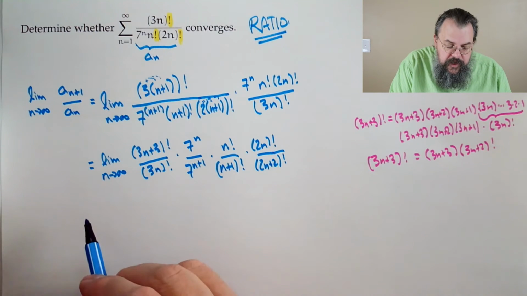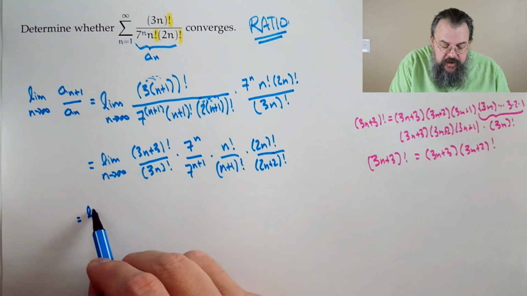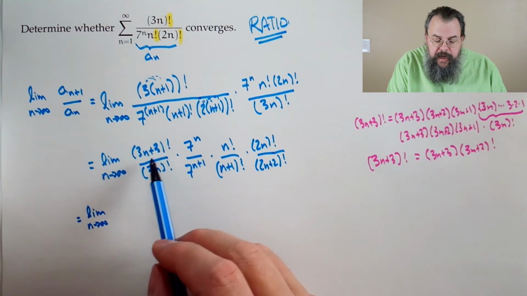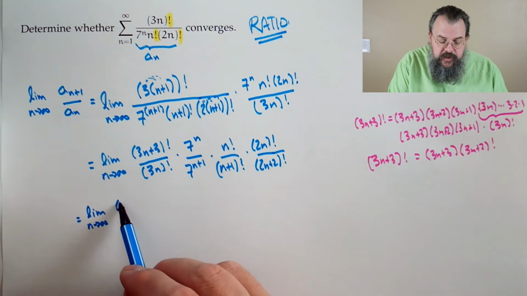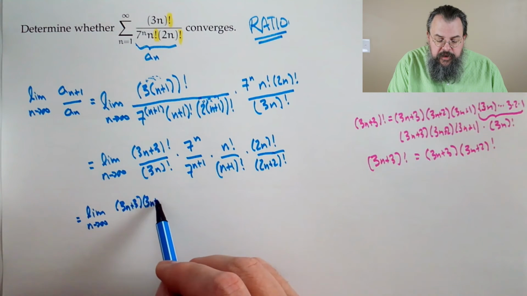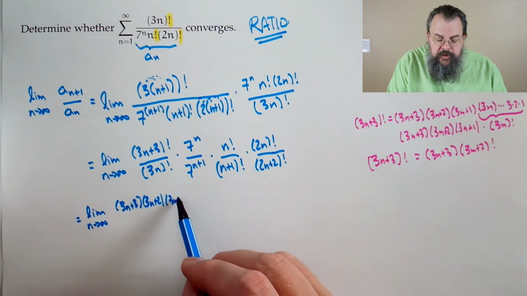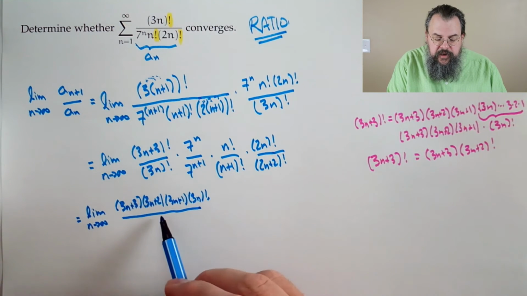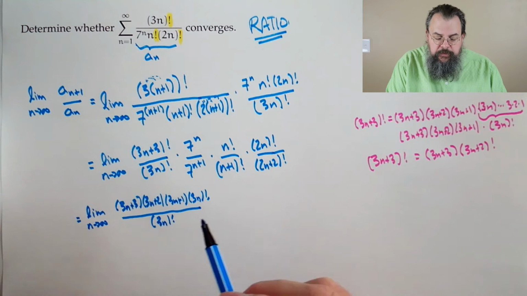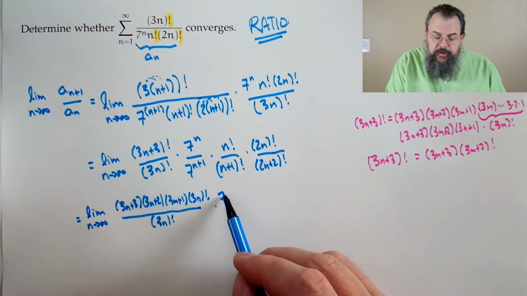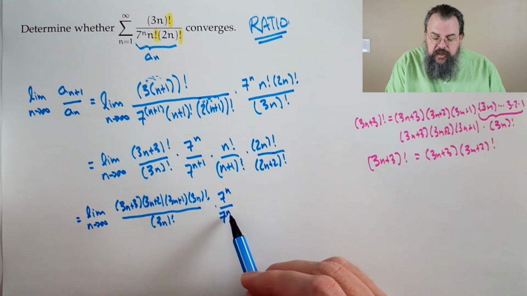So, for instance, here we have the limit as n goes to infinity. Now, I see the top is bigger, so I'm going to keep pulling off terms until I get down to 3n. So 3n plus 3, 3n plus 2, 3n plus 1, 3n, and now I stop, so 3n factorial over 3n factorial. Here, 7 to the n plus 1, well that's 7 to the n times 7.